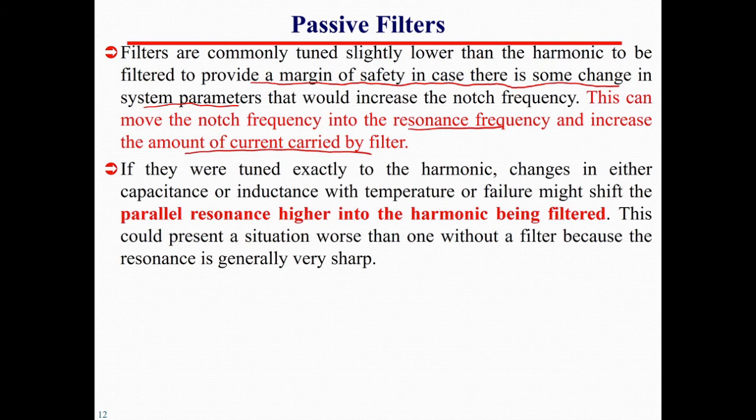Point number 2. If the filter were tuned exactly to the harmonic, this is also what will happen. A change in either capacitance or inductance, due to the increase in temperature, due to failure, due to aging, may shift the parallel resonance higher into the harmonic being filtered.